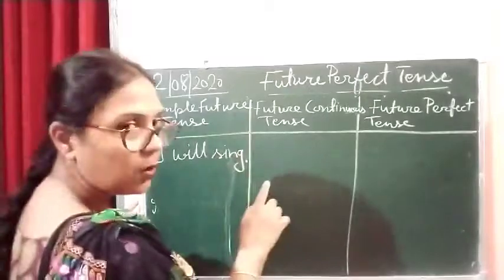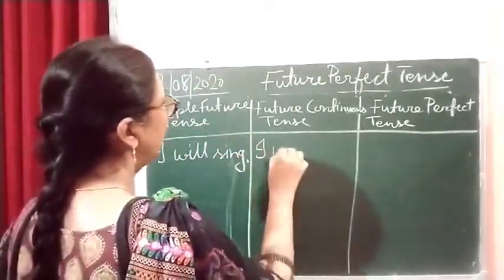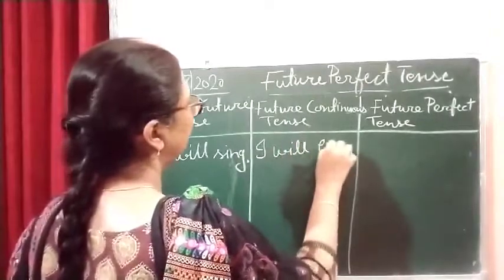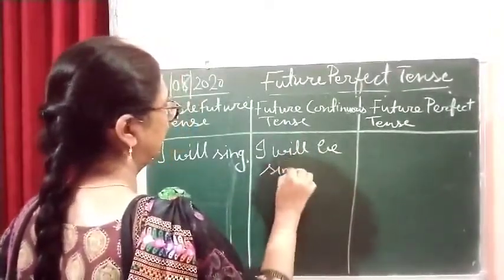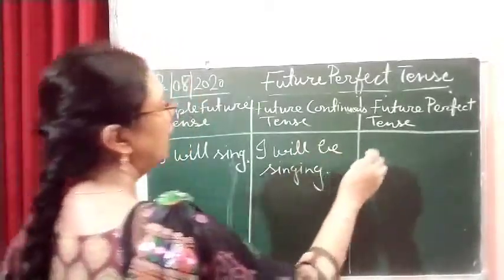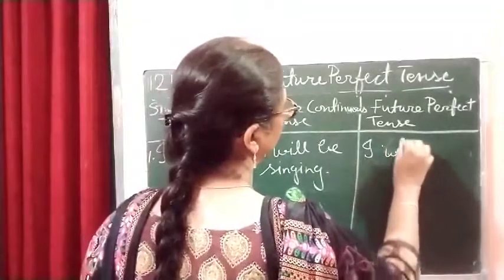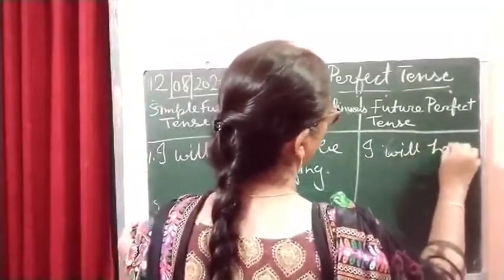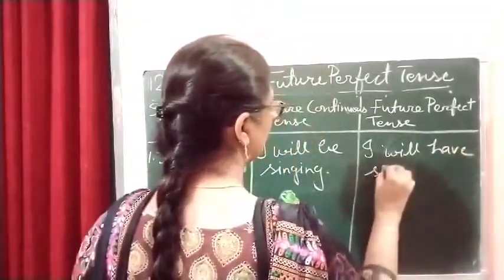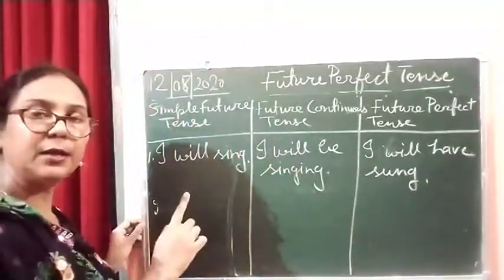Now in future continuous tense, what are we supposed to write over here? I will be singing. This is continuous tense. Now I will have sung. That is future perfect tense.